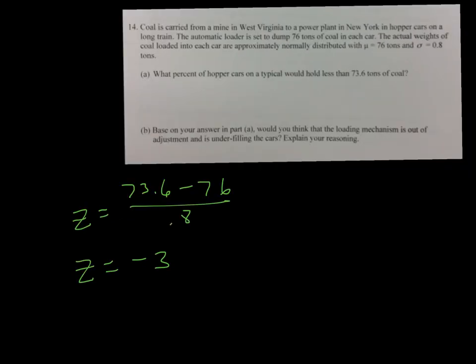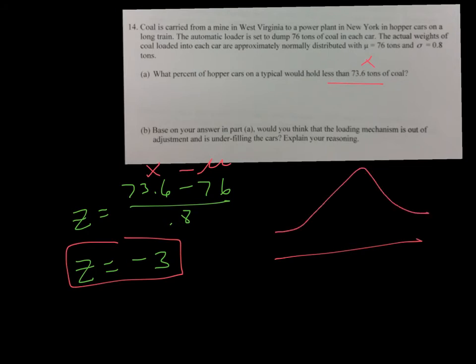If we look at the information given, what percent would hold less than 73.6, so that's an X. So I basically go X minus mu divided by the standard deviation. That gives me a z-score of -3. If you look up the z-score of -3, that's 0.0013, or basically 0.13% of the time.